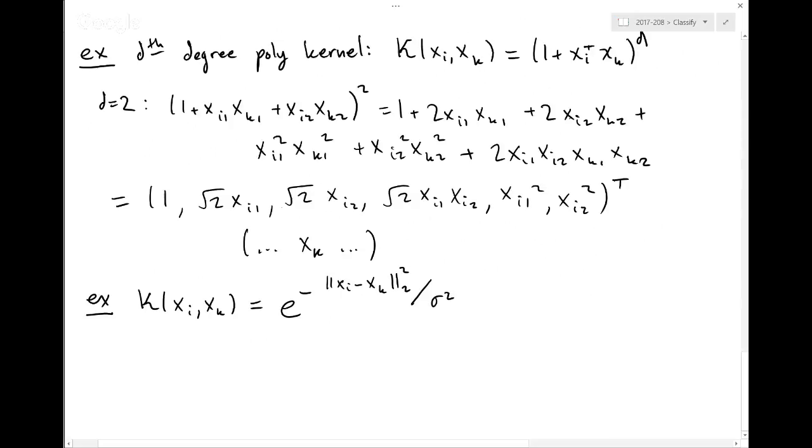So this is a similarity that I could propose, and this is a well-known similarity called the radial basis function. It's a well-known kernel, the radial basis function, RBF.